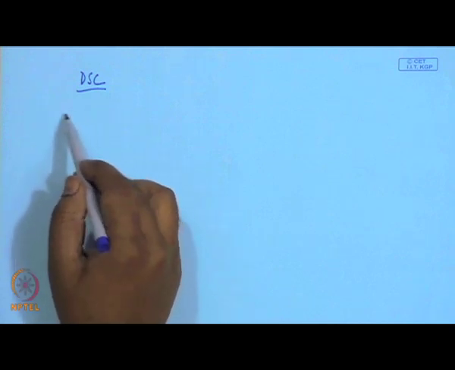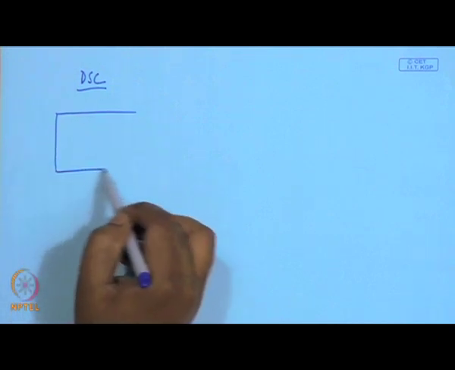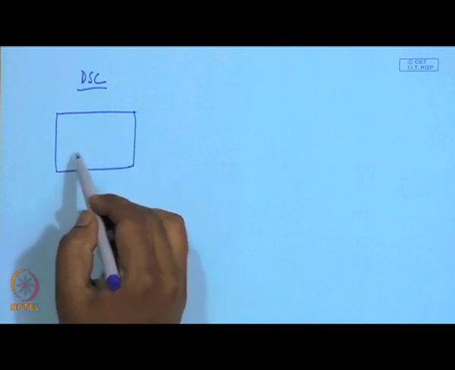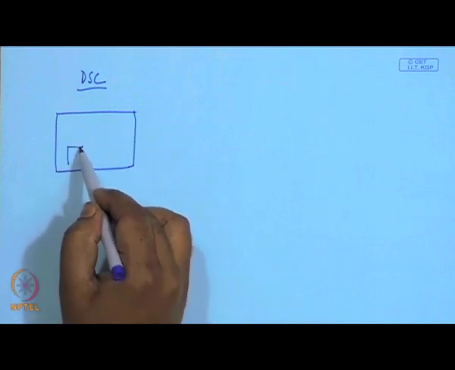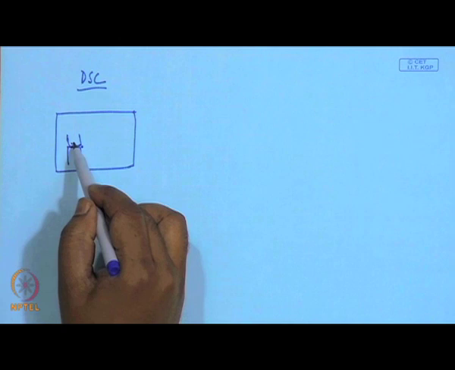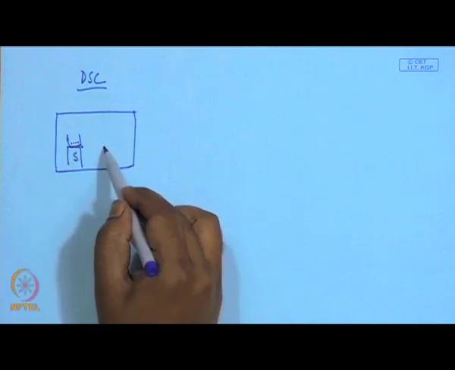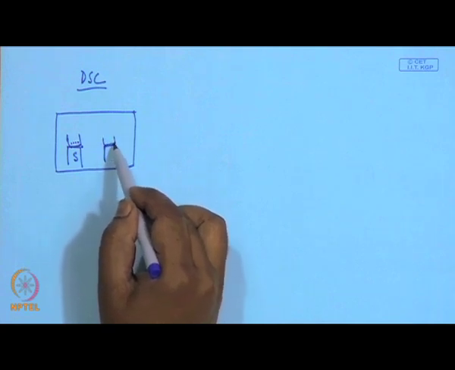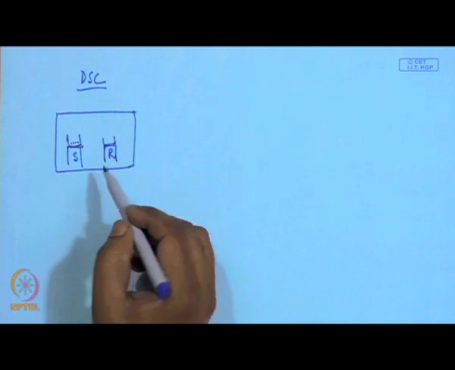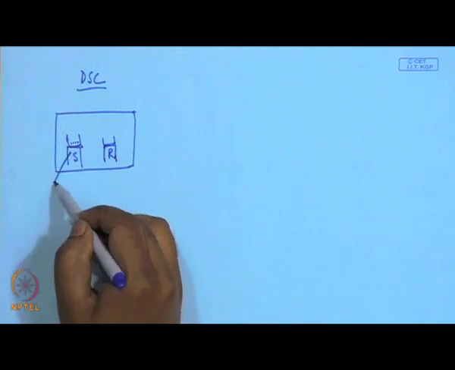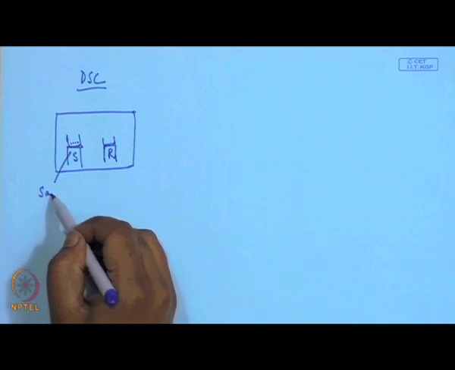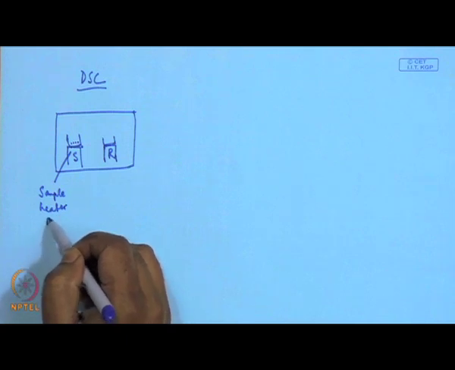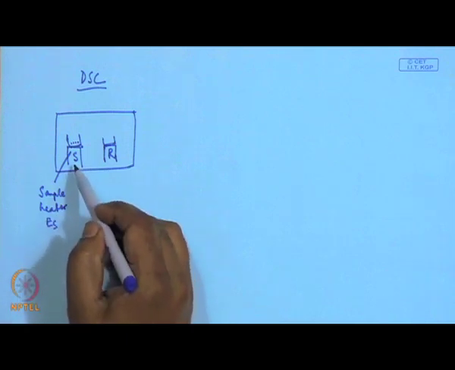In DSC, you typically have a chamber where a sample is placed. So, that is your sample S, and you have a reference which is empty. There is a heater, so a sample heater, E_S supplies energy.